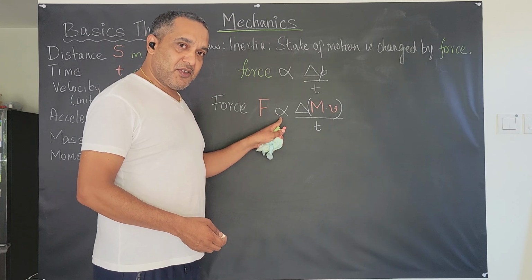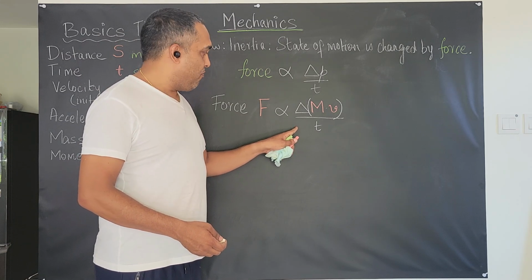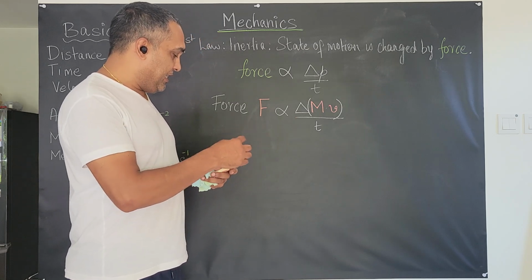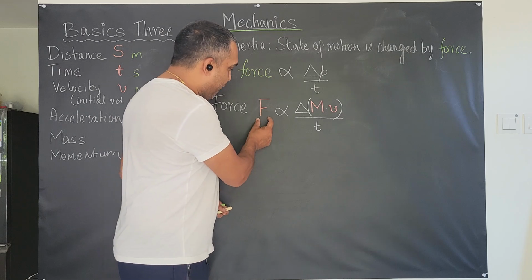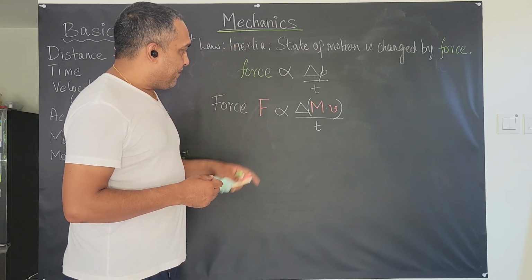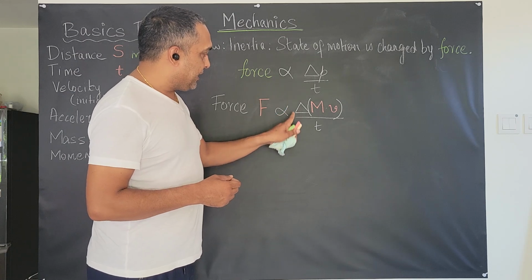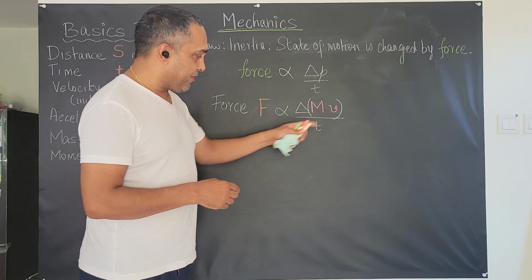Proportionality, when you come to the metric system, becomes a single unit value. In the metric system, because of the way the definitions of force and the units of its measure, the unit called Newton, this proportionality can be replaced by a constant value of 1, and mass remains constant.